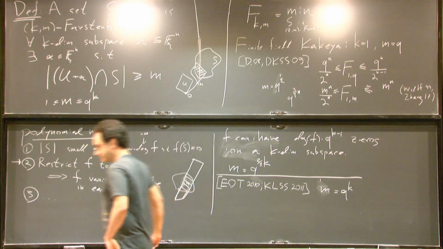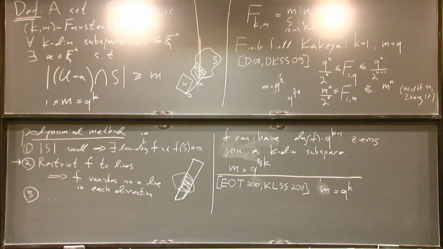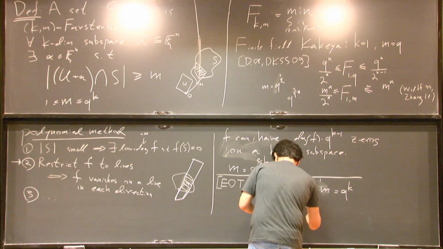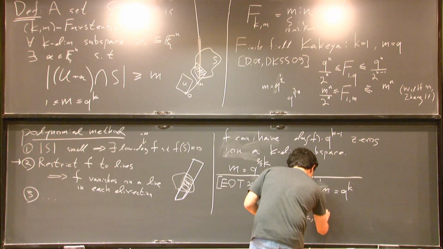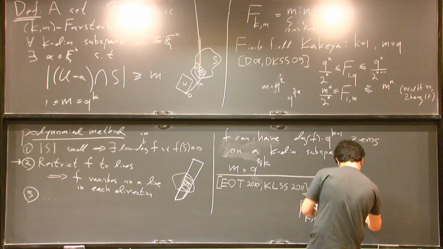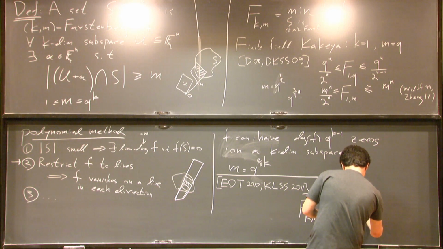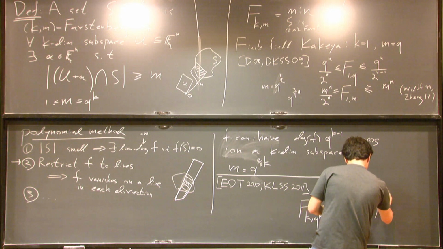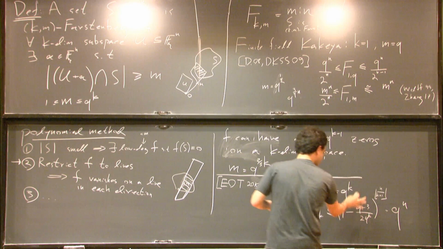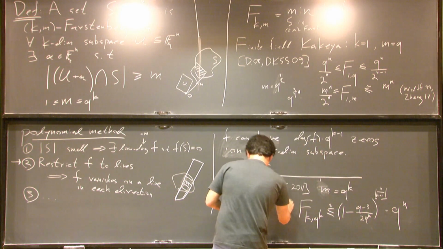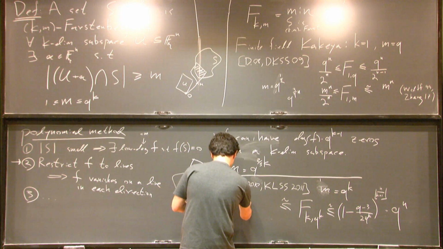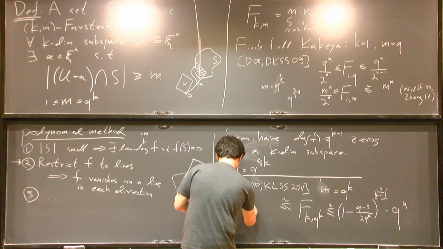And they showed the following bounds. So some constant times q to the n, and so it's a construction, and the lower bound is another constant, q minus 1 to the k.